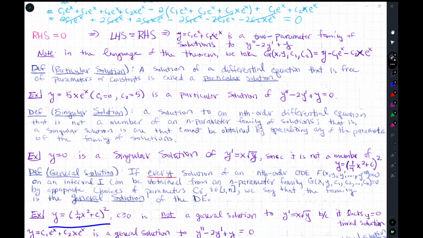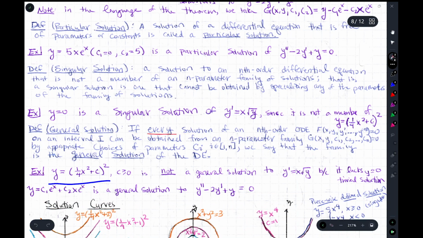Not only is it a trivial solution, it's a singular solution as well, because by integrating as we've seen above, we do get a one-parameter family of solutions. And no matter what c you put in there, you can't get y equals 0, okay? You cannot get y equals 0 for all x, no matter what c you put in there. Okay, so it's not part of that family. It's singular.